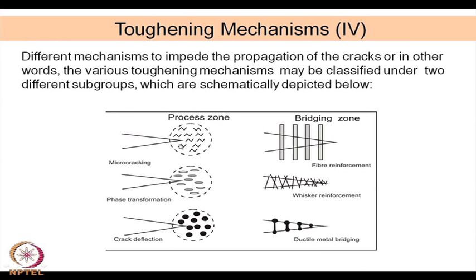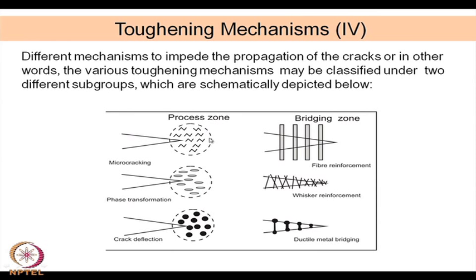So, there are very fine cracks ahead of the crack tip. That is what we call micro cracking, and the presence of micro cracks also impedes the motion of the main crack or the larger crack, because our basic purpose is to impede the motion of the crack, which is giving rise to the failure.